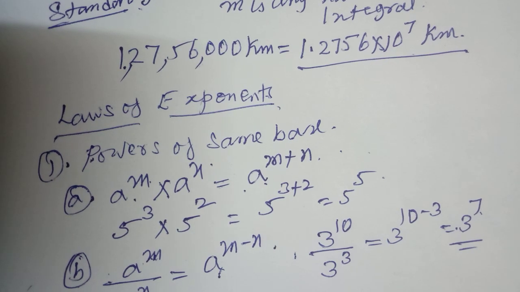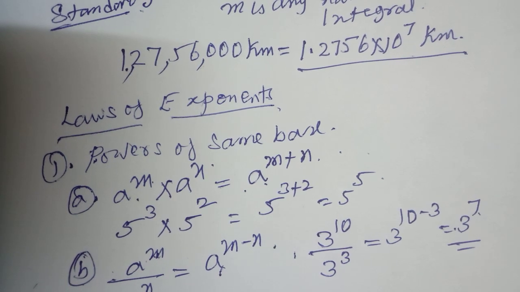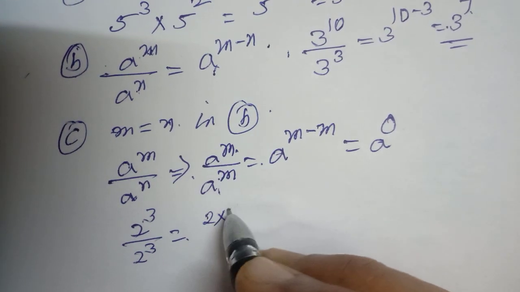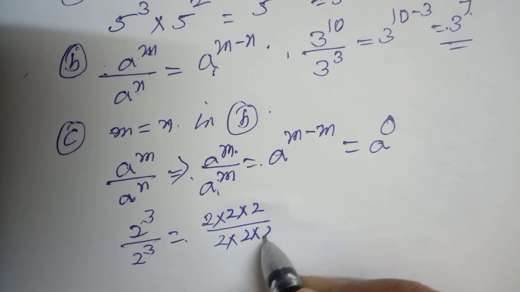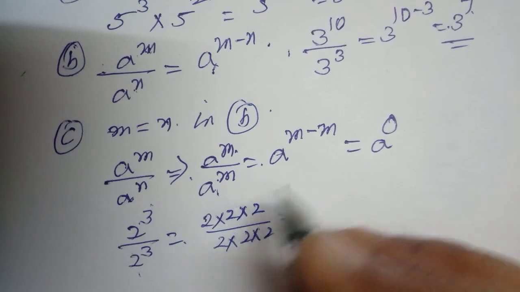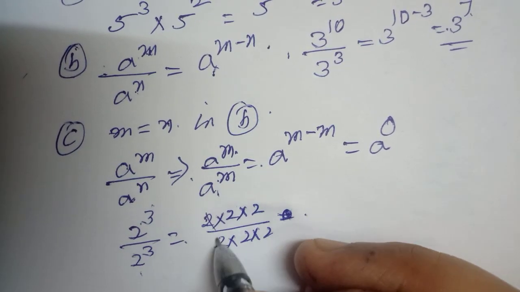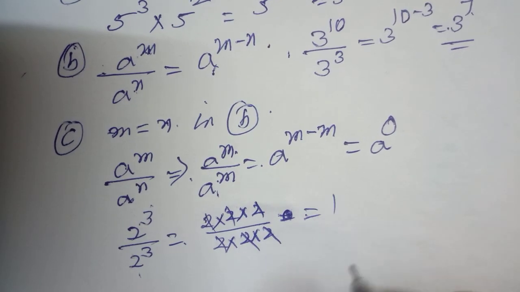Let us understand this with an example. 2 to the power of 3 divided by 2 to the power of 3. So 2 into 2 into 2 divided by 2 into 2 into 2, right? So 2 cancels, 2 cancels, 2 cancels, and we get 1.